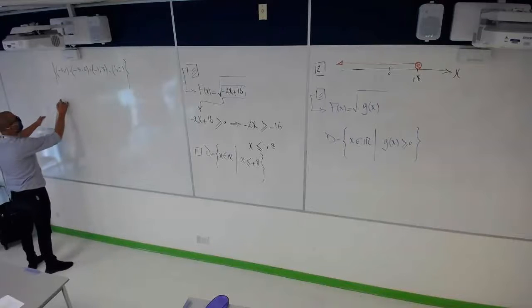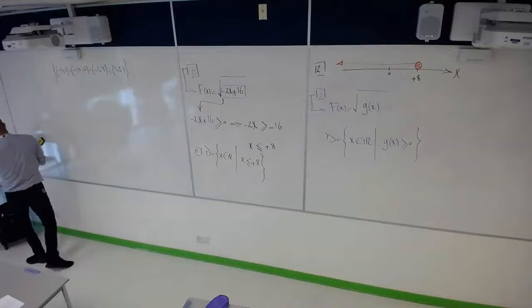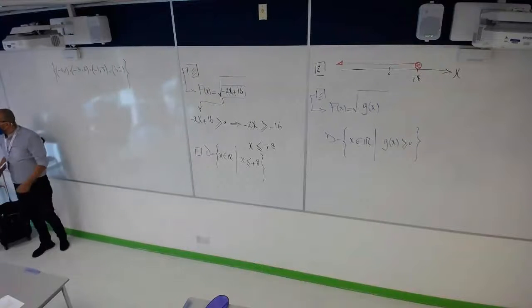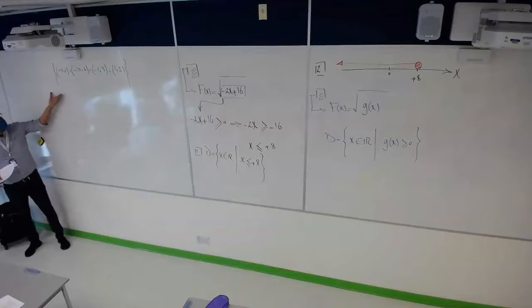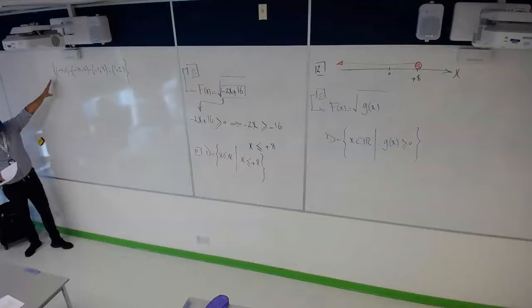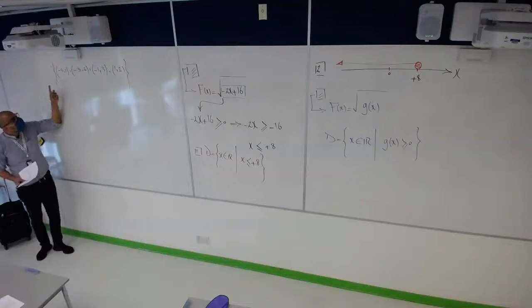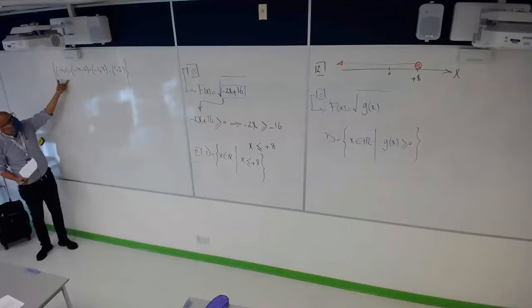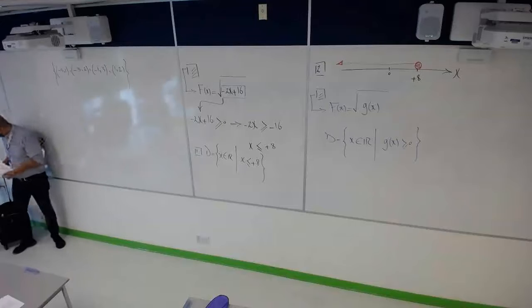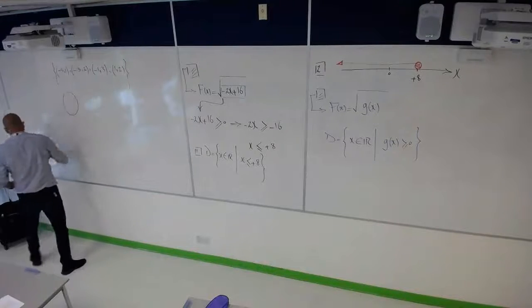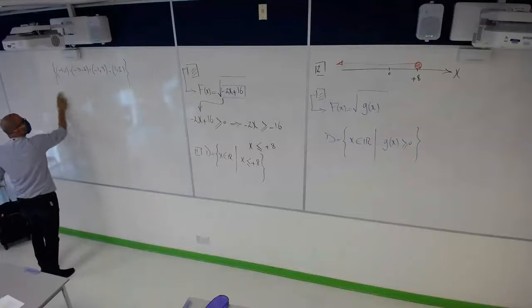I'm just going to do the first one, the rest of it is going to be easy. If you have a set of some pairs, we call this a set, and these are pairs because minus 5 and 1 represent what?